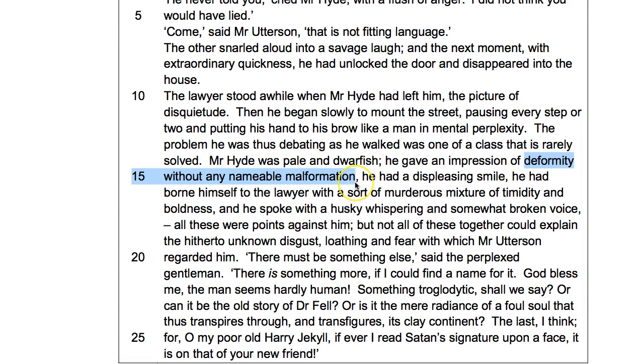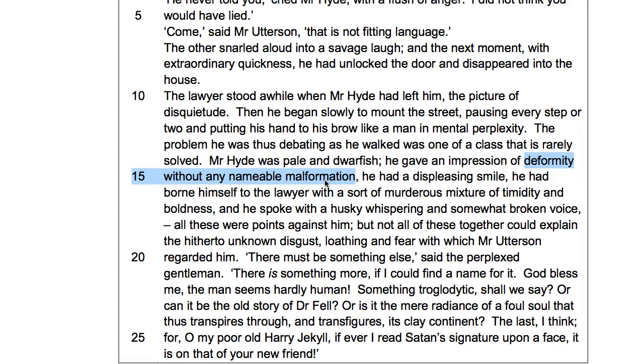Another way of looking at it is that Stevenson might be suggesting that Hyde is completely unnatural. He is an earlier form of human being in evolutionary terms, and he might be suggesting that mankind is evolving, if you like, backwards.